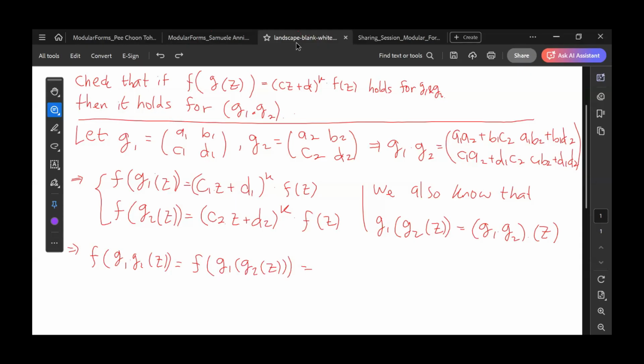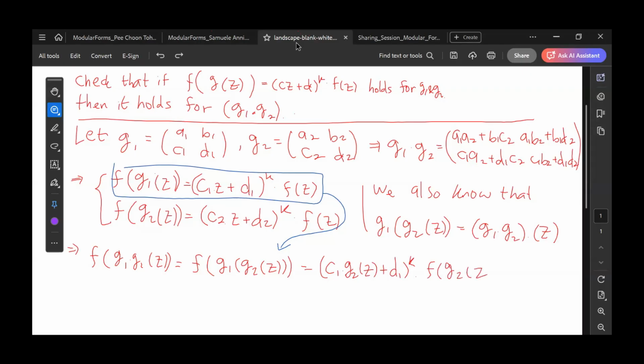Since we have this, if we use it here, we get E1 times E2 Z plus E1 to the power of K times F of E2 Z.